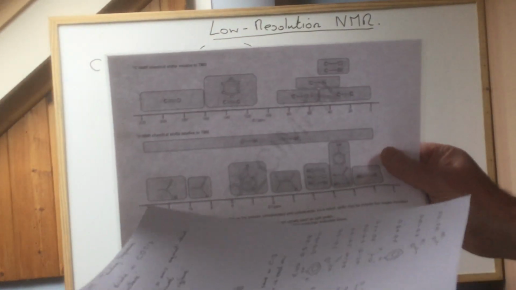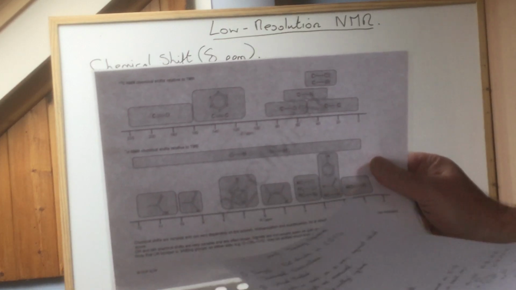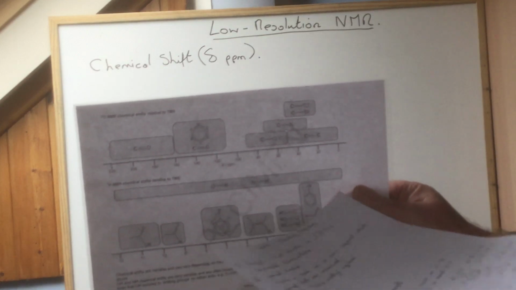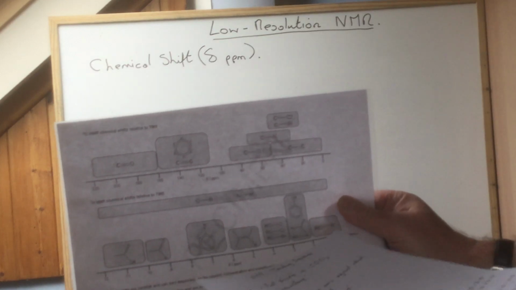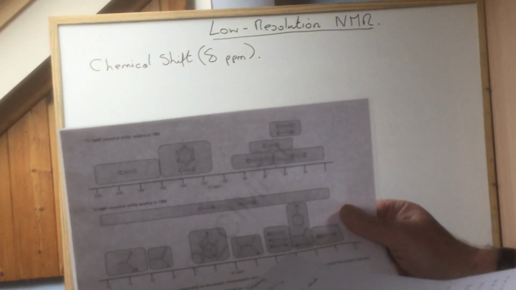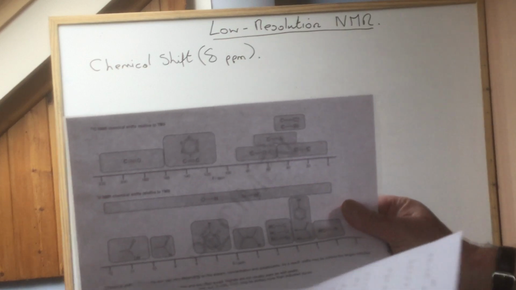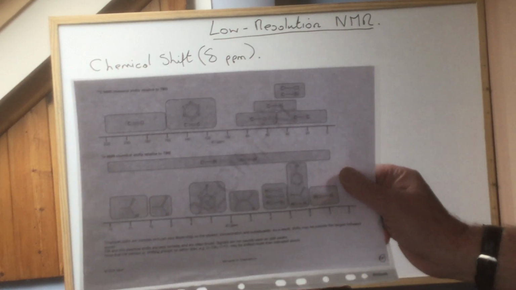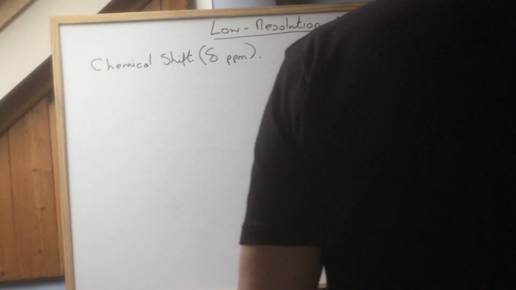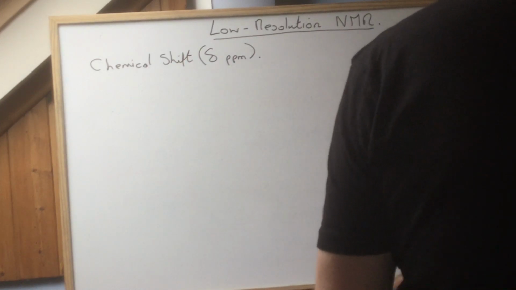I hope you can see 0 to 12. We start here, where these are more common. Well, not necessarily, but you get a lot of peaks in this area. So we start off on the right hand side and move gradually to the left hand side. That's the plan. Okay, right, so what do these mean? We start on the right hand side. I find this one quite tricky, so we have to be right with it.